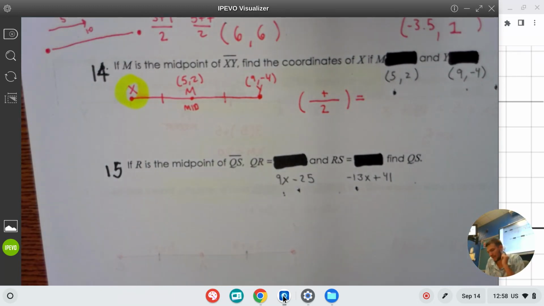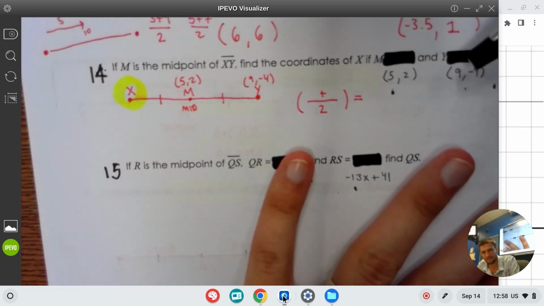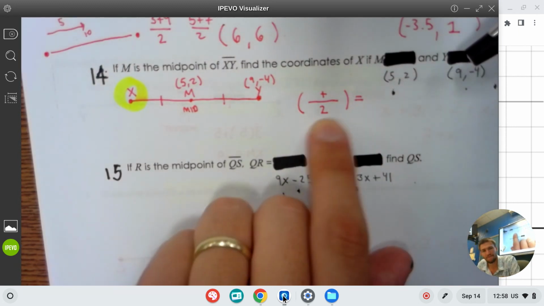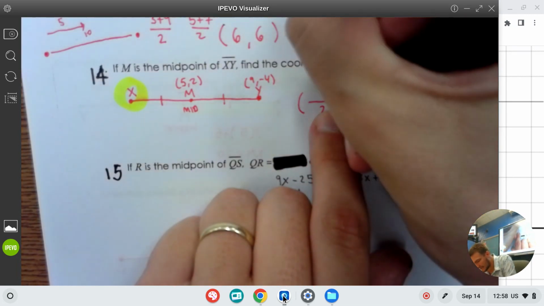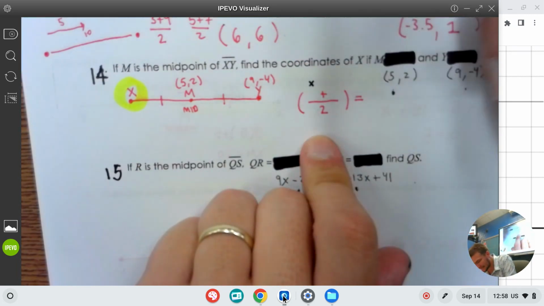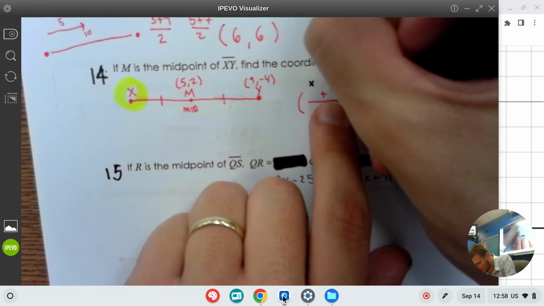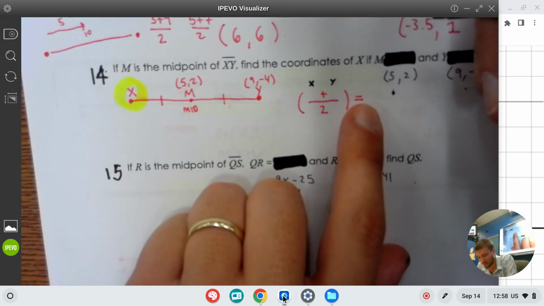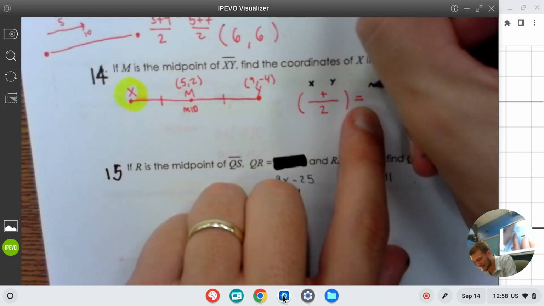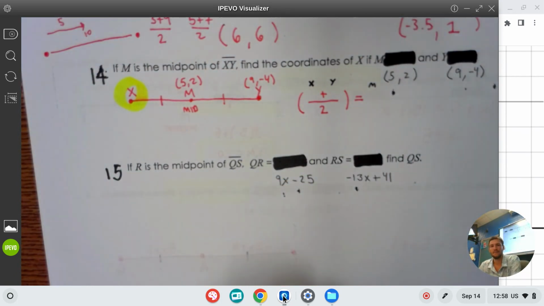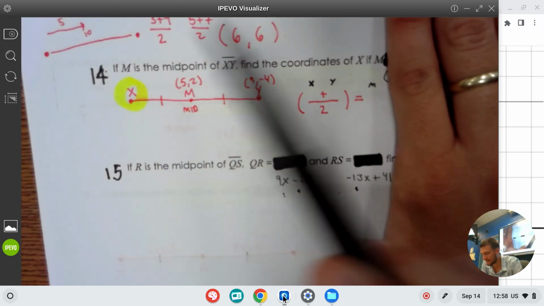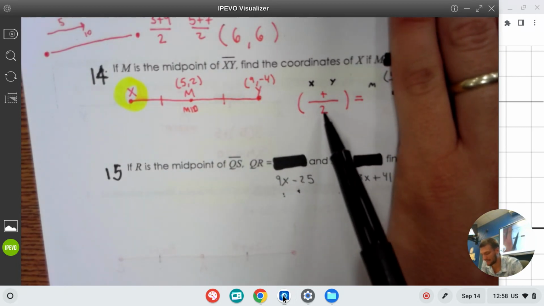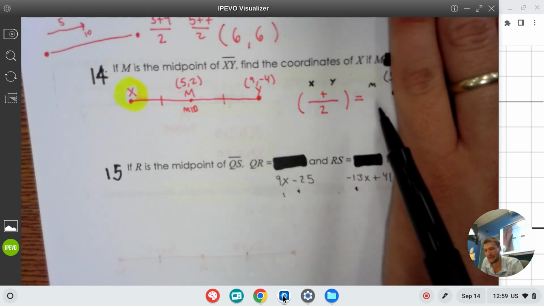So, here's how we want to think about it. The midpoint formula. We should be taking point X and adding it with point Y, and that should be equaling point M. That's what the midpoint formula means. You take the left and the right, add them up, divide by 2, and you should get the M.